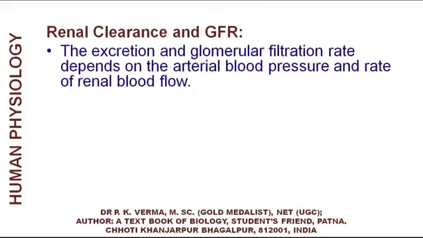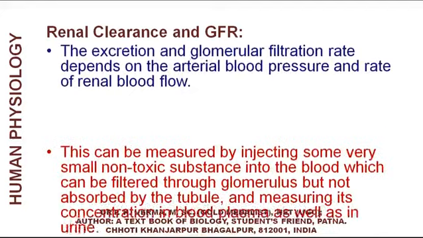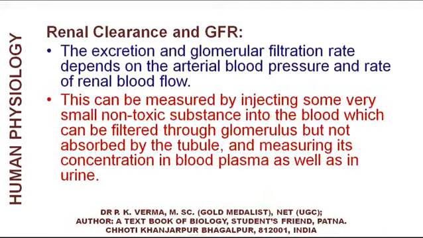The excretion and glomerular filtration rate depends on the arterial blood pressure and rate of renal blood flow. This can be measured by injecting some very small non-toxic substance into blood that can be filtered through glomerulus but not absorbed by the tubule, then measuring its concentration in blood plasma as well as in urine.